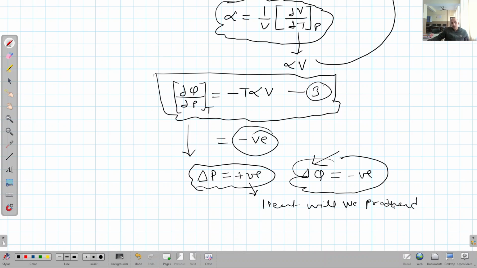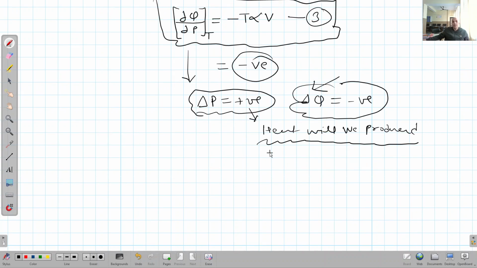Heat will be produced. But the requirement is that the material expands on heating. Similarly, if we take the reverse case, meaning pressure is negative, then in that situation delta Q will become positive. So this is the meaning of this equation.